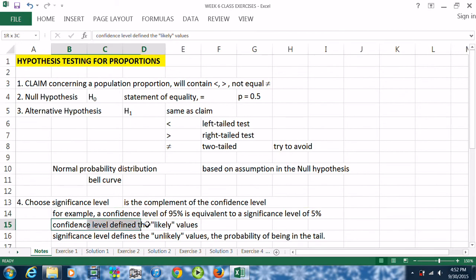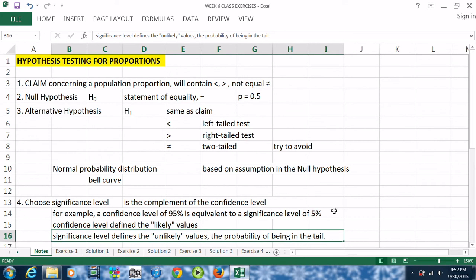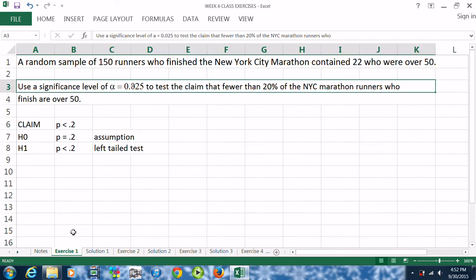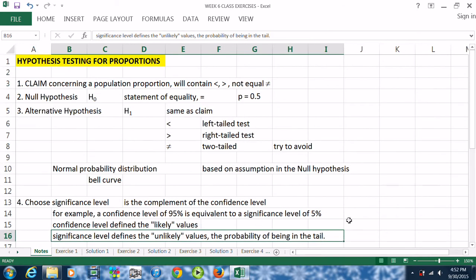Whereas the confidence level defines likely values, a significance level defines unlikely values, or the probability of being in the tail. So when I was talking about the null hypothesis of 0.2 leaves us in the middle, and the alternative would put us in the tail, then that tail is defined by our significance level. And significance level is usually denoted with an alpha, so we often call it alpha.